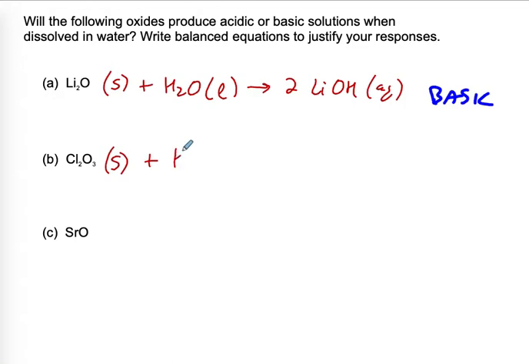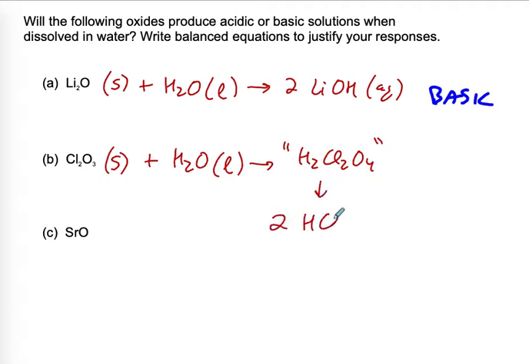Pretty much all you have to do is mentally add H2O to the formula, and this gives me H2Cl2O4, which is not really a thing, but if you divide it by 2, you get 2HClO2 aqueous, which is simply chlorous acid, which we saw before, and this will be an acidic solution.